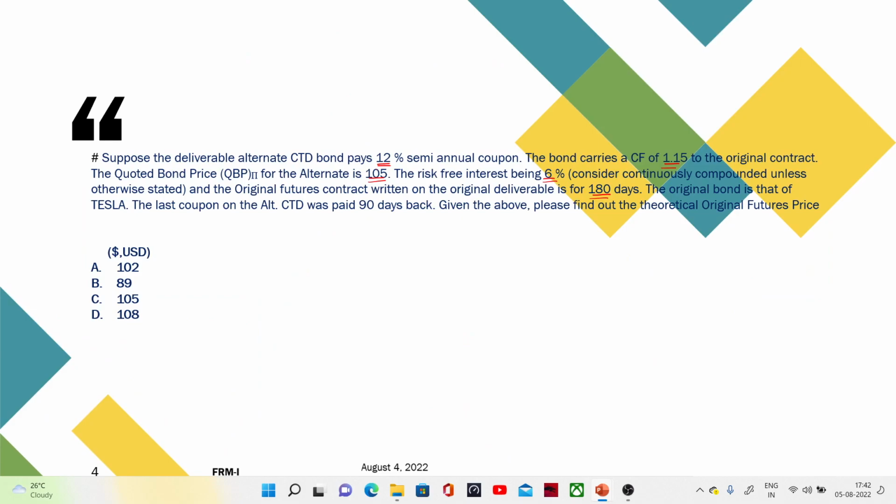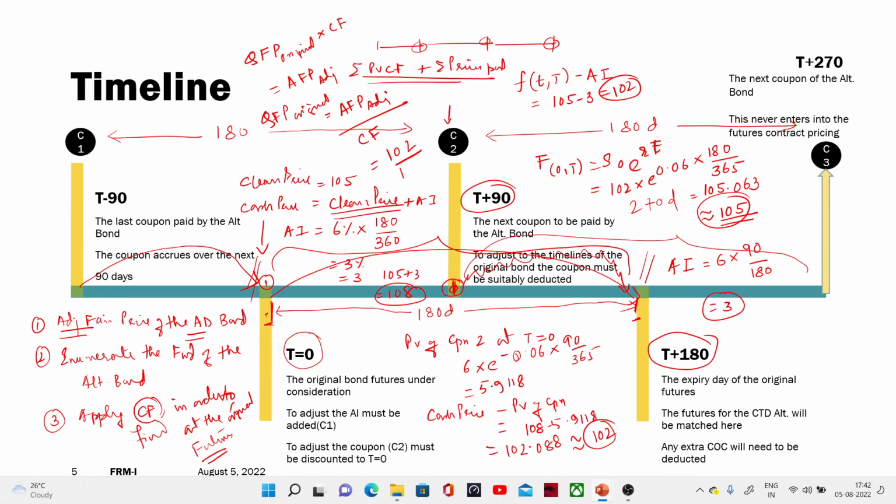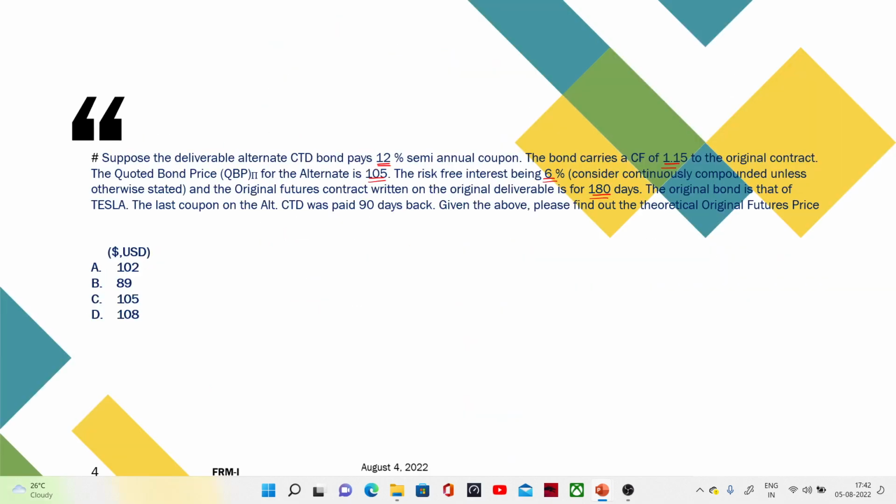It happens to be 1.15. So 102 divided by 1.15 becomes 88.69, roughly equal to 89, and option B becomes our chosen answer.